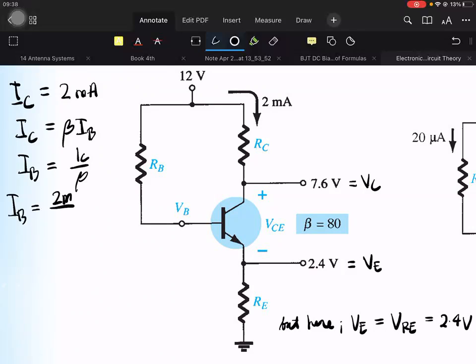So 2 milli over 80 gives an IB of, how much, class? About 25 microamperes.